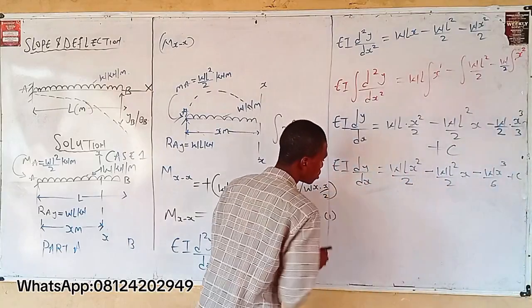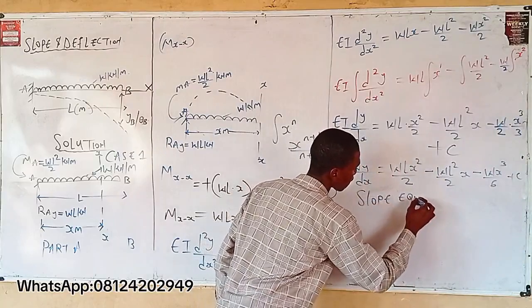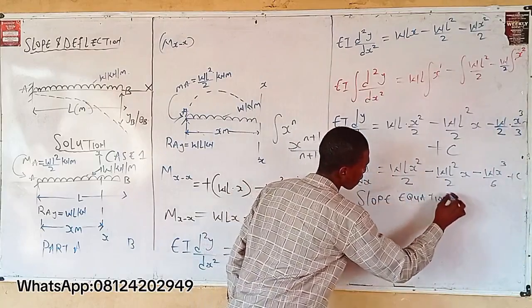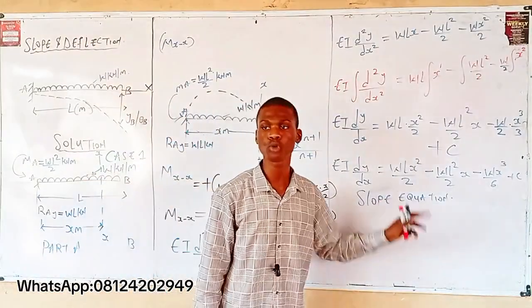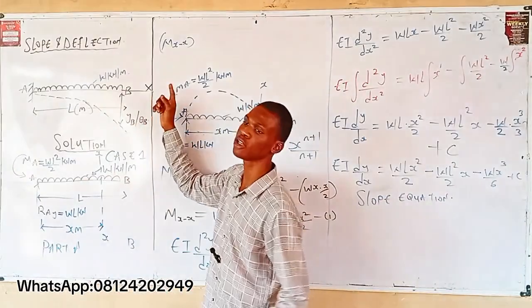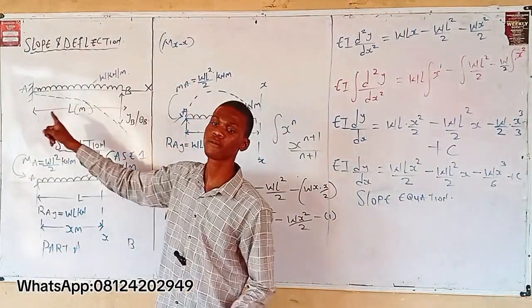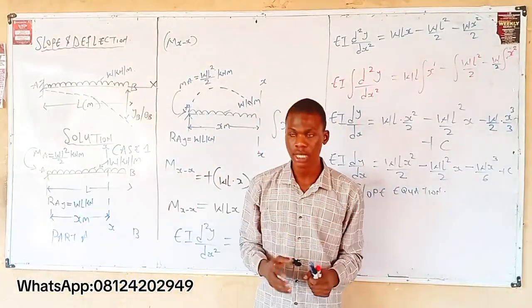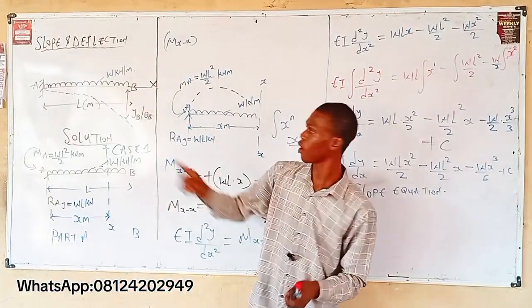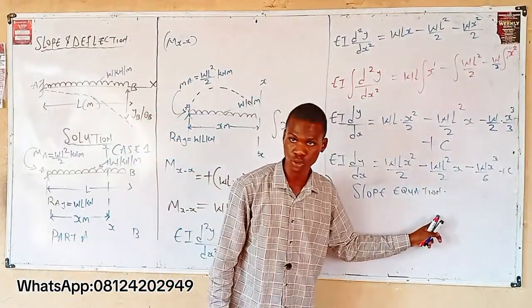Initially, the question given to us is to find the slope and deflection of this cantilever beam. So up to this level, I've gotten my slope equation.